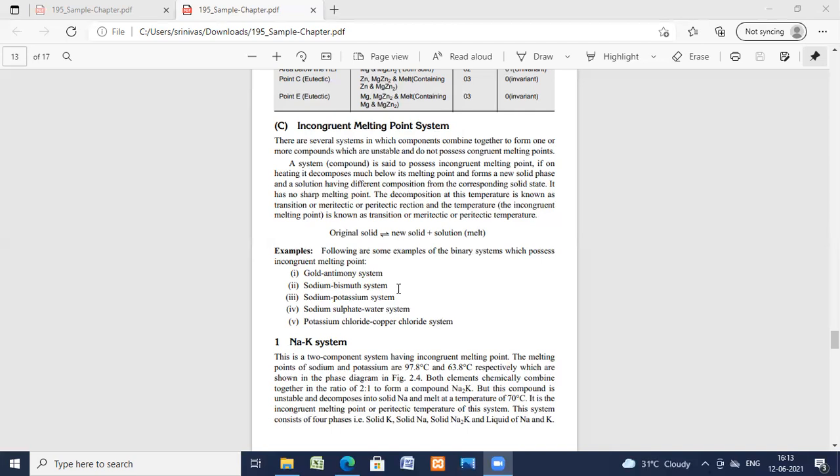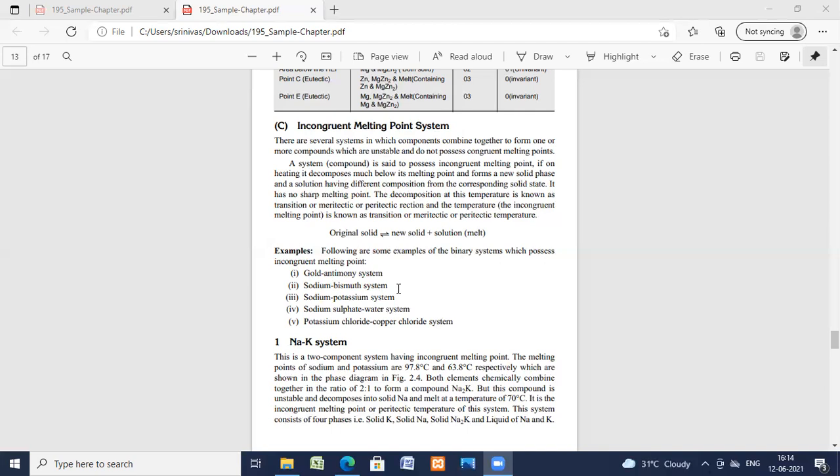Now today's class, I'm going to explain to you about the sodium potassium system. This system has an incongruent melting system. The compound which undergoes decomposition by formation of another solid is called an incongruent melting system.